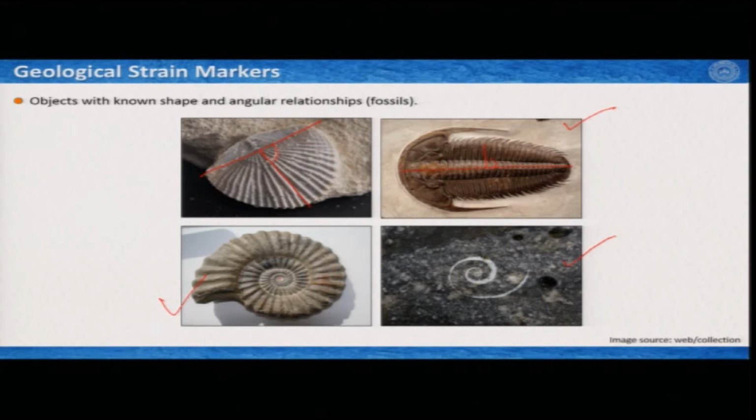So as you can see here, these coilings actually do follow a geometric formula which is known as the golden ratio. So if this golden ratio is not maintained in your deformed rock, then you can figure out what the strain is by analyzing this geometry.